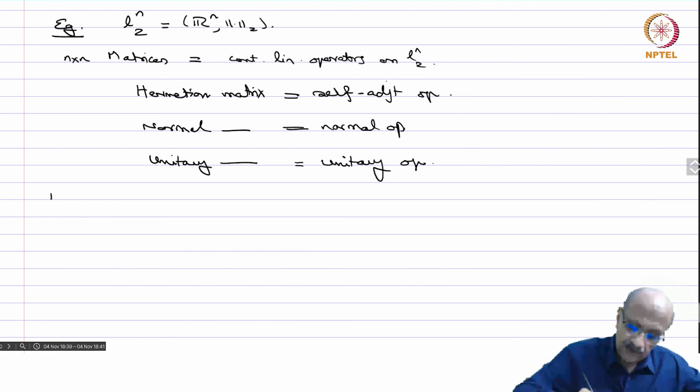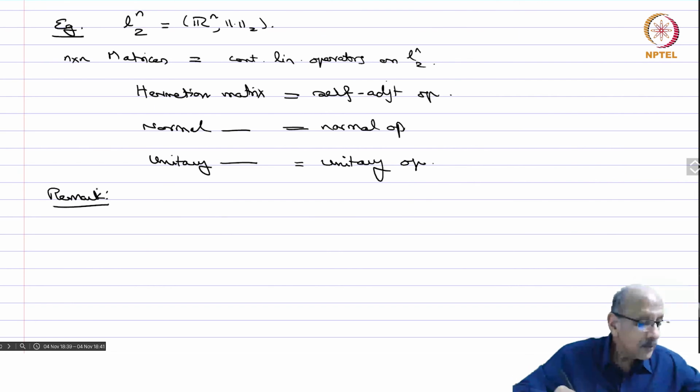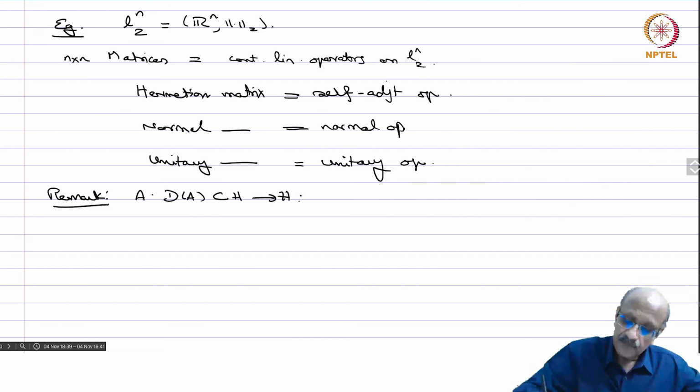Then a final remark. Suppose you have an unbounded operator A, with domain D(A) contained in H going to H, which is densely defined.